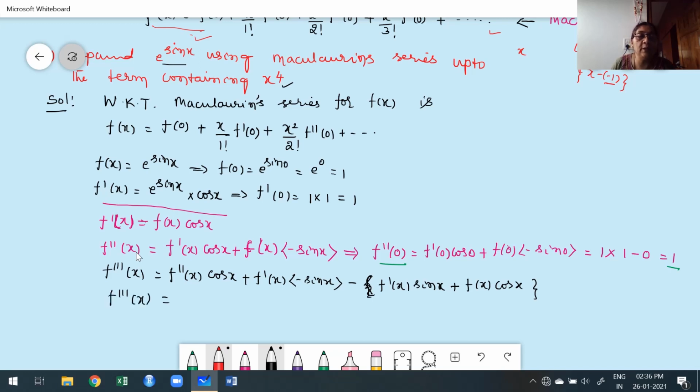This can also be written as f double dash of x cos x, plus into minus is minus. The two terms must be the same: minus 2 times f dash of x into sin x, and then minus f of x. Observe carefully. Now we get minus f of x into this one.